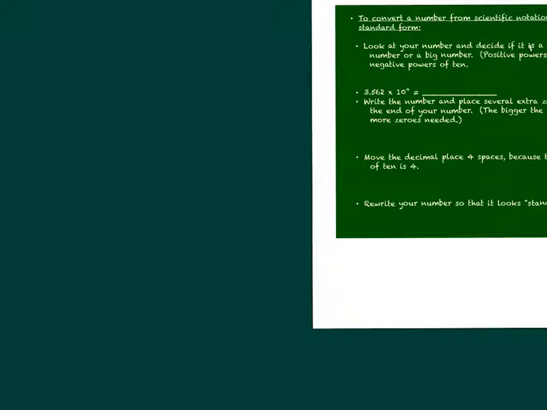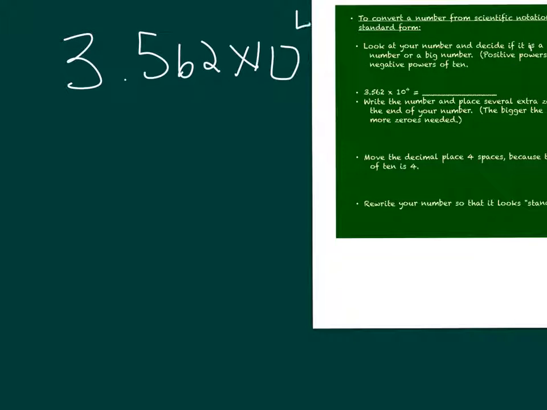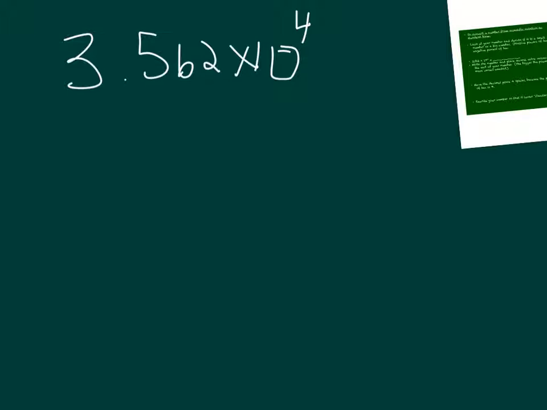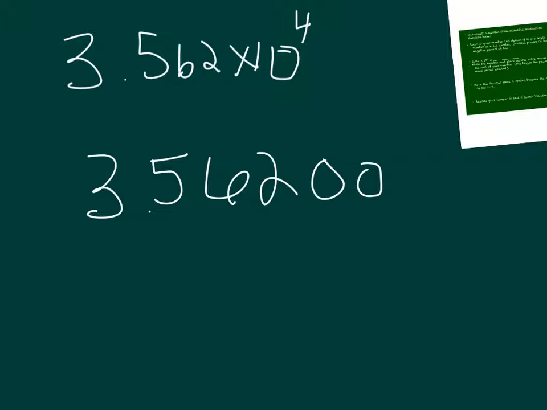So in this case, we have 3.562 times 10 to the power of 4. So what I like to do is start off by taking my number, the 3.562, and I start adding some zeros to it because I know it's a bigger number than the 3.562 that I have.